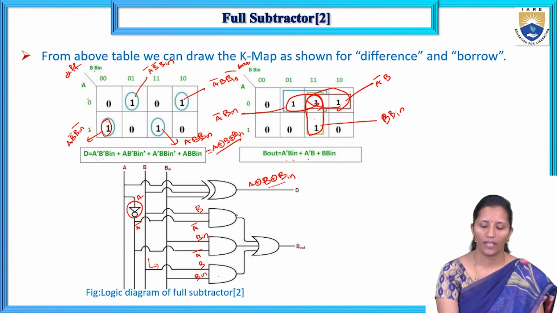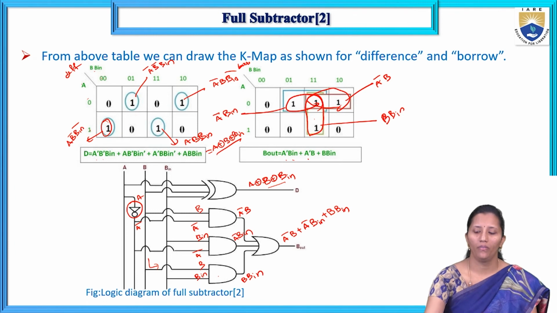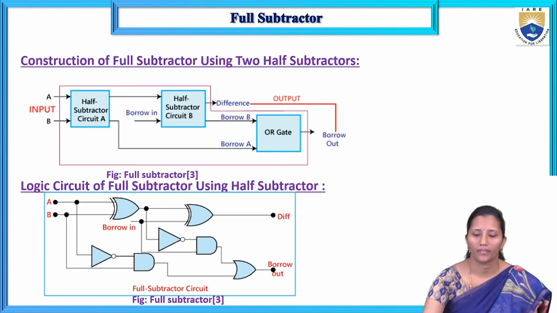So AND gate just acts as a multiplier. So A bar B, A bar B in, and this is B in. So we are going to get A bar B plus A bar B in plus B in. So this is the equation of borrow for the full subtractor.